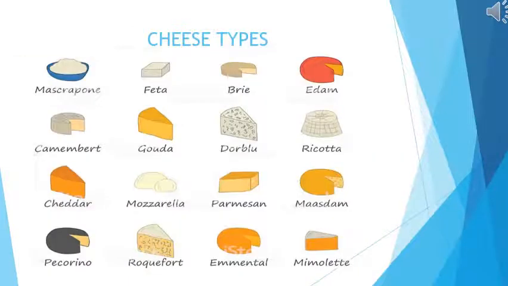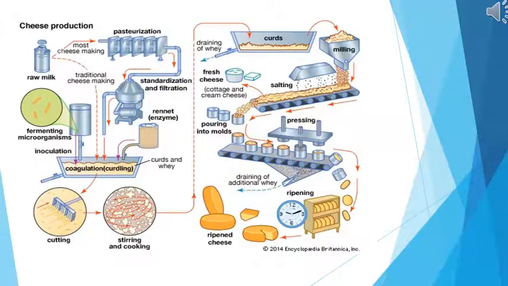Dear students, you must have enjoyed different types of cheese and pizzas and other bakery items, like cheddar cheese, mozzarella cheese, parmesan cheese, and feta cheese. So now let's study how the production of cheese takes place. Cheese is a great source of calcium, fat and proteins.